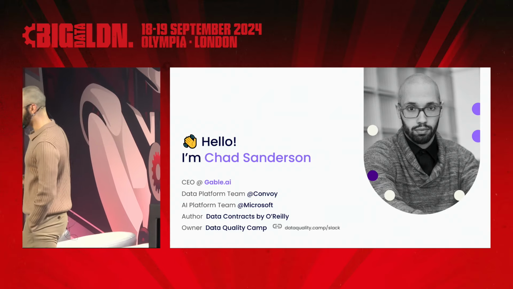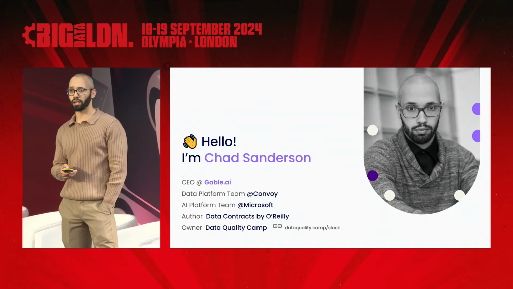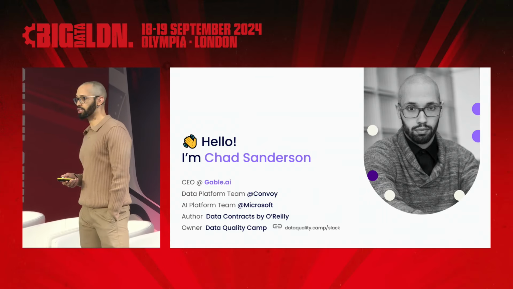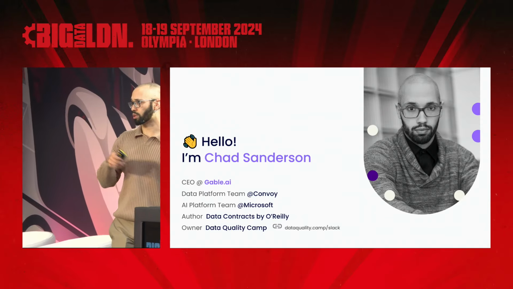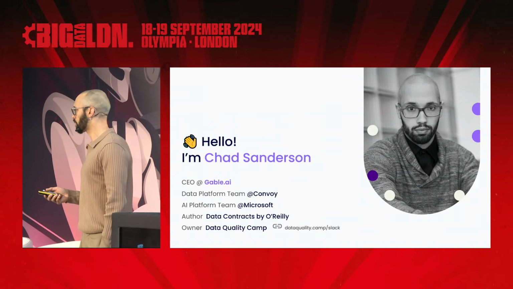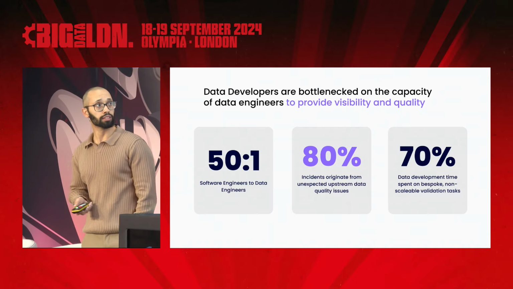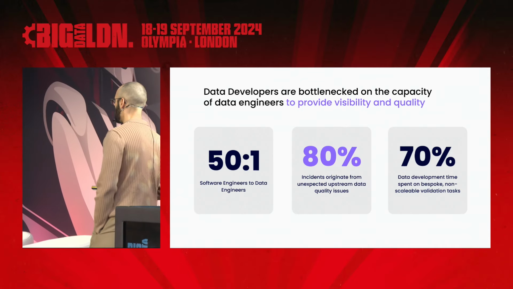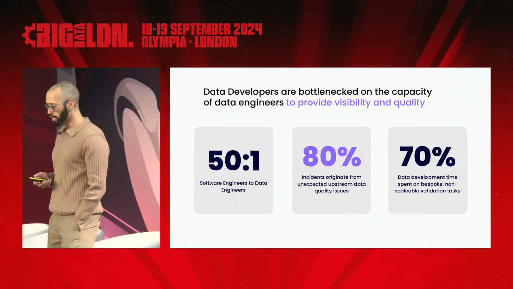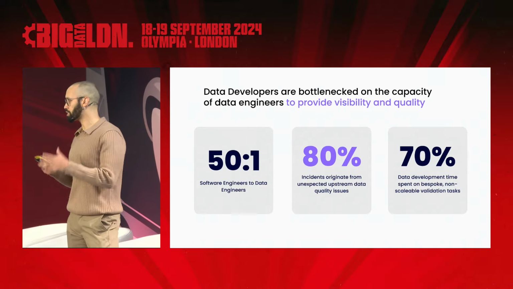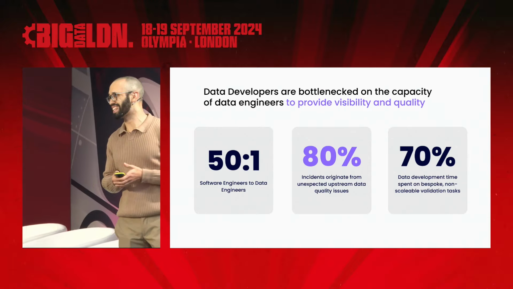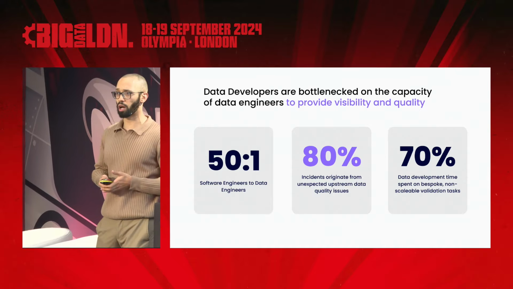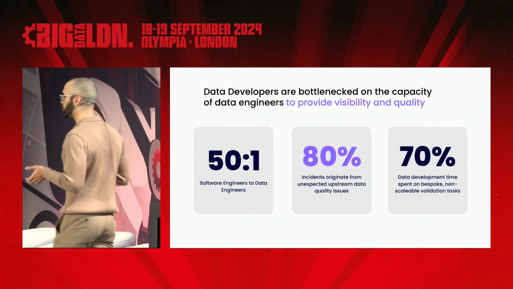And today, we're going to be talking about something that's very near and dear to my heart, which is data contracts. But before we get into the what of data contracts, I want to talk a little about the why. There are some numbers on the screen. The first one on the left is basically the ratio of data producers and software engineers to data engineers at most companies today, which is 50-1.